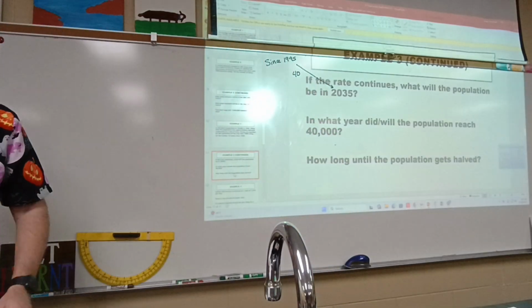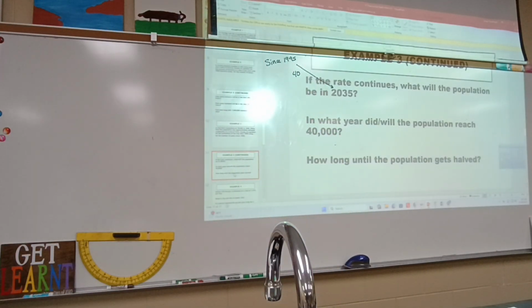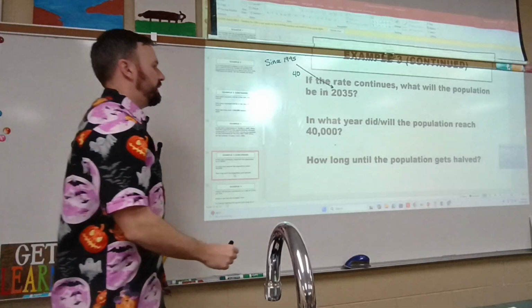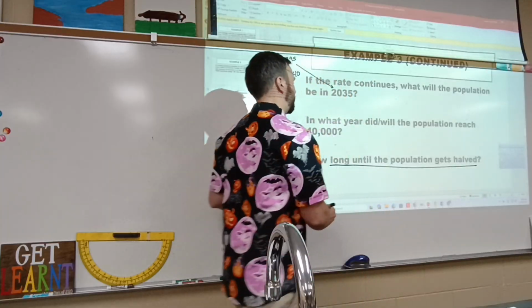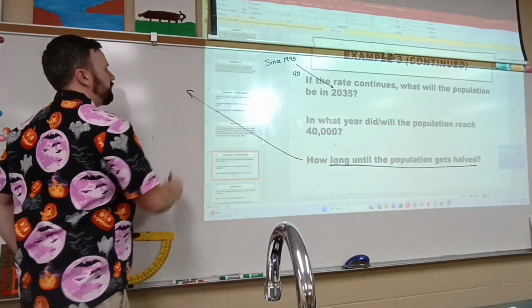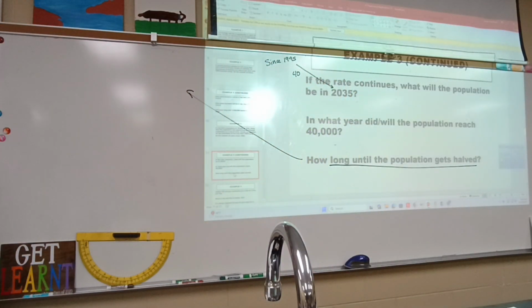Now, I'm going to teach you guys a shortcut. This is actually a pretty good shortcut. Anytime you get a question about how long until something gets halved, do I have to use the initial amount? No. Because to cut something in half, if I have a rate, it'll be the same amount of time whether or not I start with 1,000,000 or 5, right?